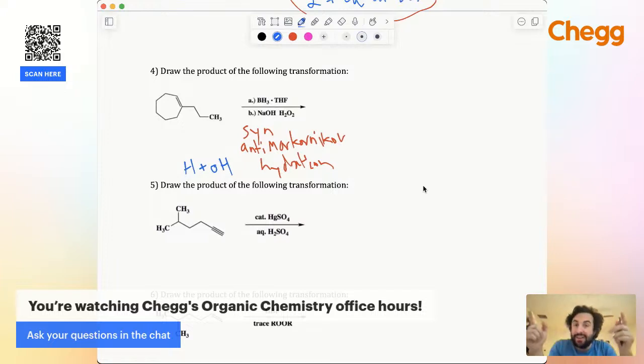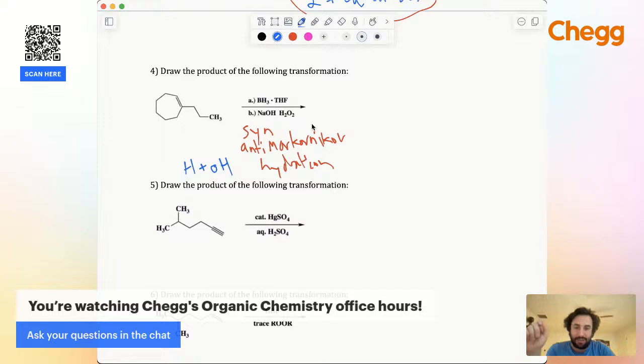Now, which one gets which and from which direction? These are additional questions that we have to know the answers to. All hydration tells us is that one carbon gets a hydrogen, one carbon gets a hydroxyl. Anti-Markovnikov tells us the regiochemistry of the addition reaction. So what that tells us is that the more relevant group that's being added, in this case the hydroxyl, will go to the less substituted carbon that was participating in the pi bond.